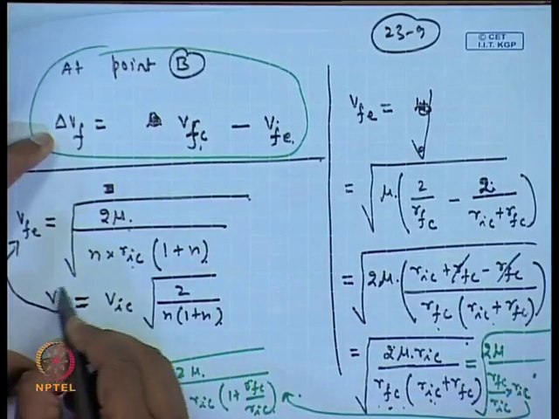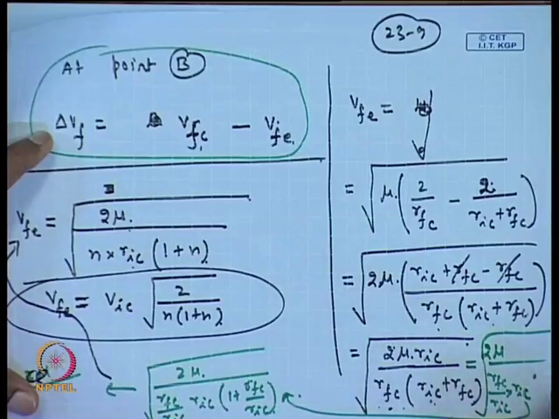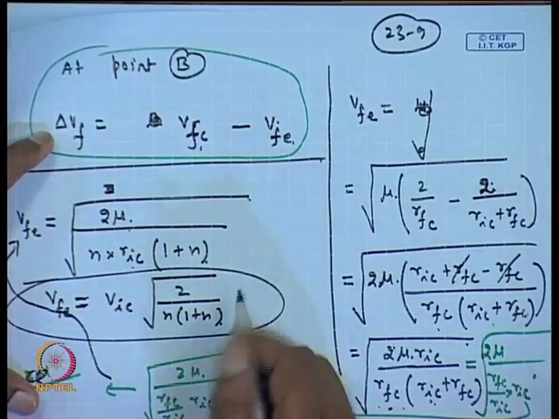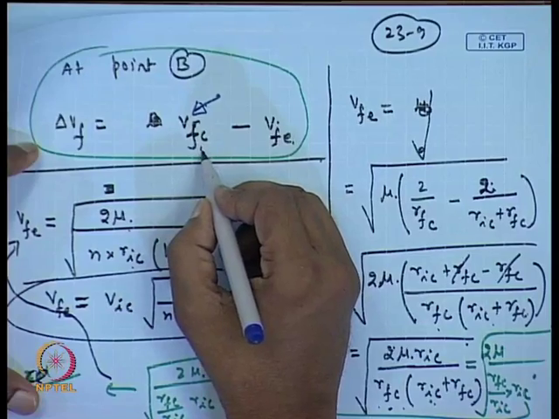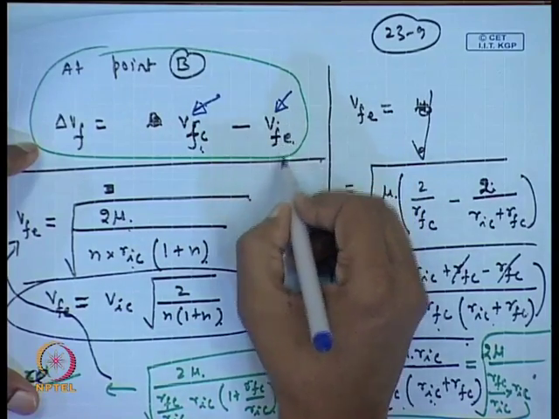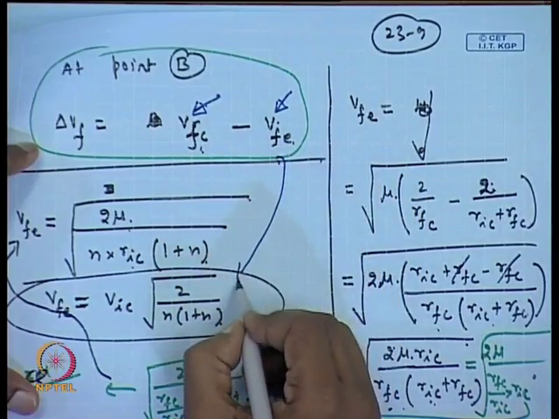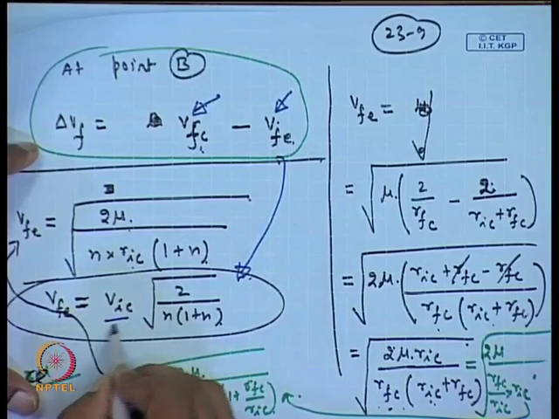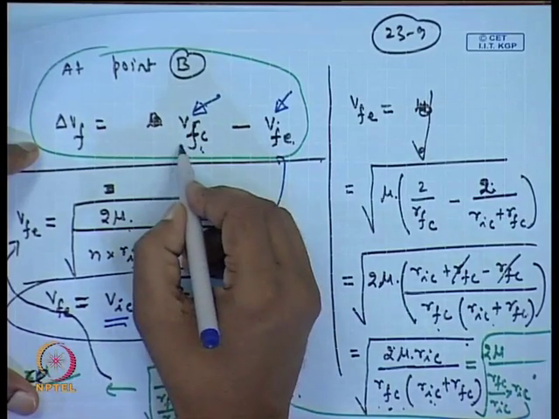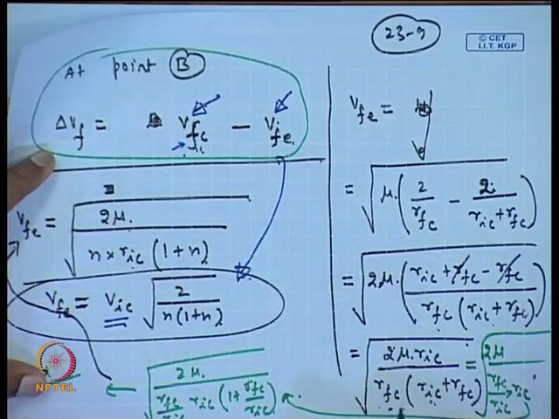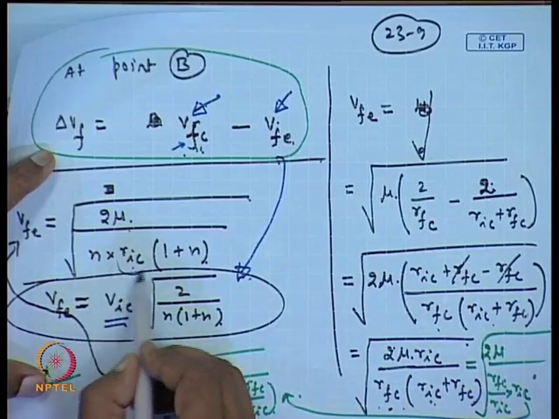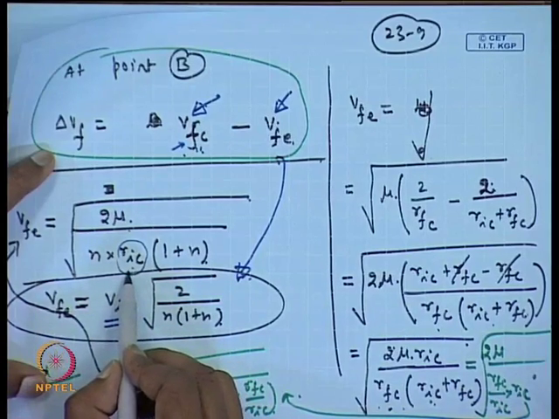Now, if we try to write it in this format, then you can see the difficulty: V f c is the velocity in the final circular orbit, and V f e which we have just computed appears in terms of V I c, and therefore we cannot take V f c common. So, instead of taking R I c, we should have R f c appear in this place.